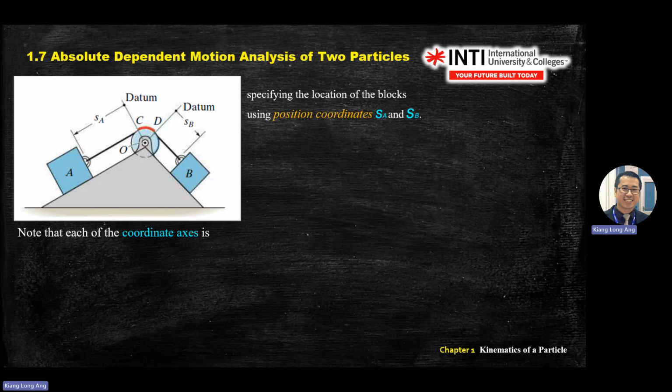The arrow is your positive direction from the datum. Meaning it already tells you where the positive S direction is. It gives you a vector positive direction and it's fixed. So when you do calculation, if you get negative, it means it's the opposite direction. Okay, now first is your O, second is where your datum is. The datum tells you where the positive is, and so on.